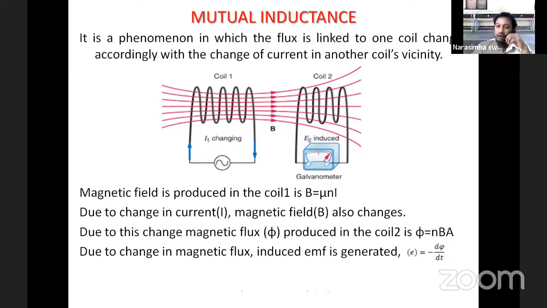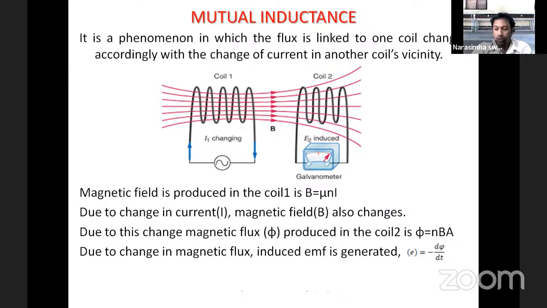It is a phenomenon in which the flux linked to one coil changes accordingly with the change of current in another coil's vicinity.